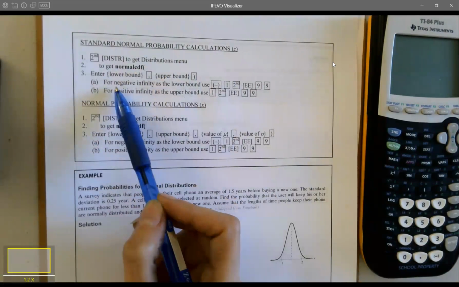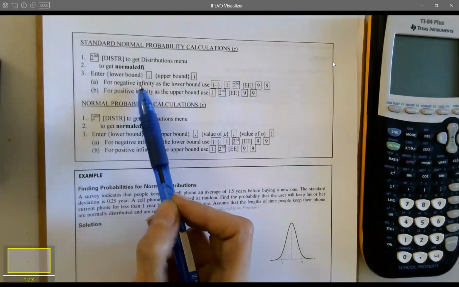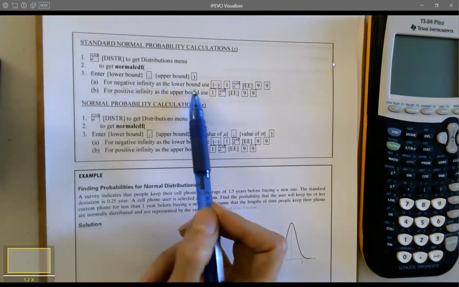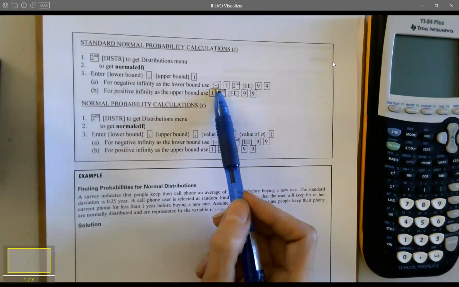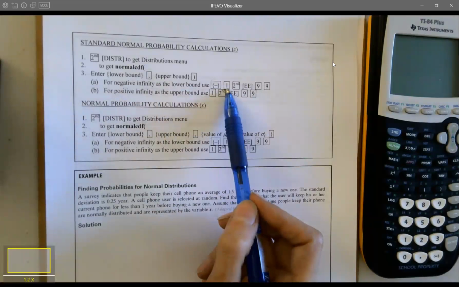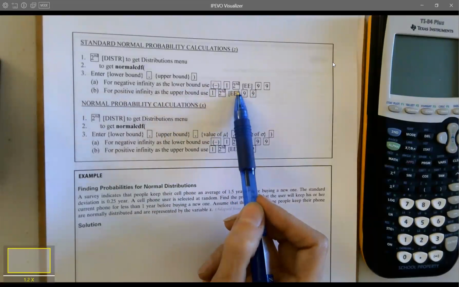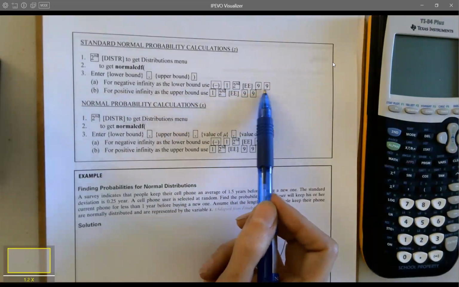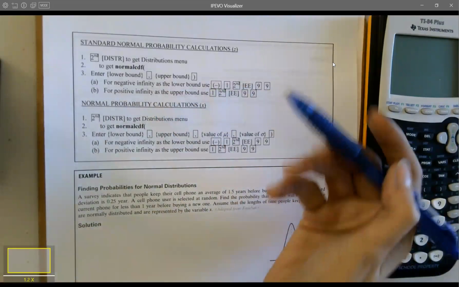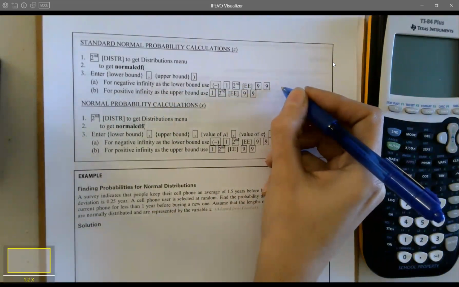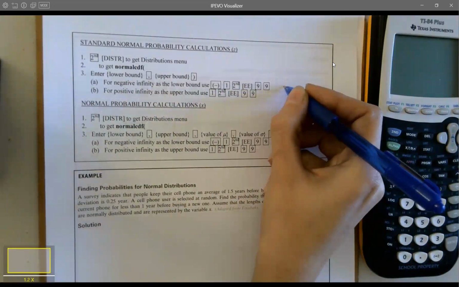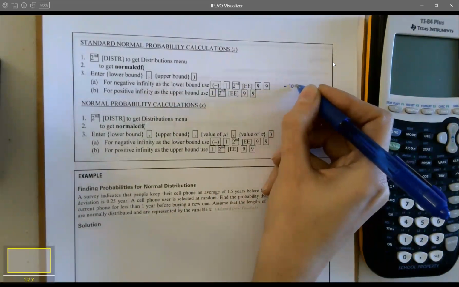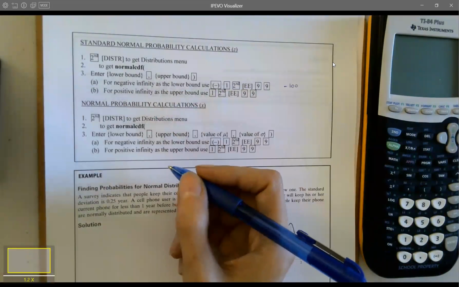If we are using a very small number on the left-hand side, we use a negative sign, 1, second, exponent, 99. If you want to use a different number like negative 1,000 or negative 100, that's also fine.